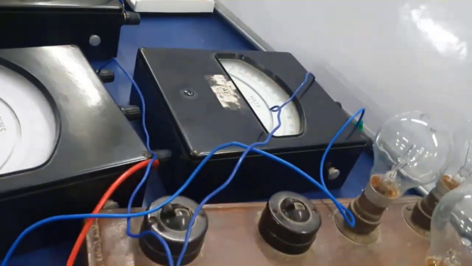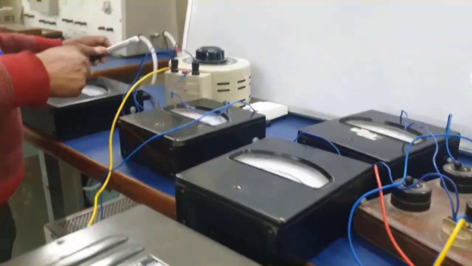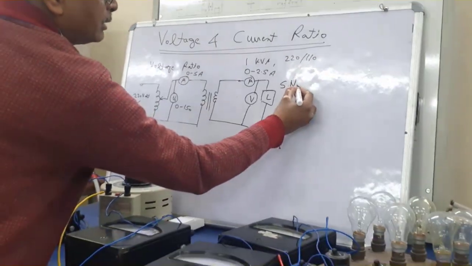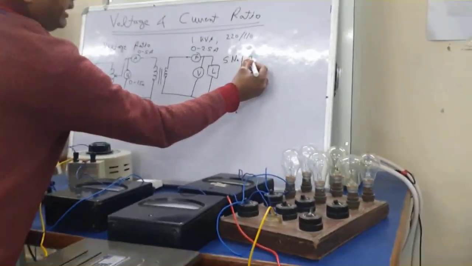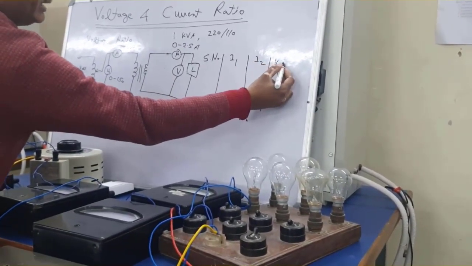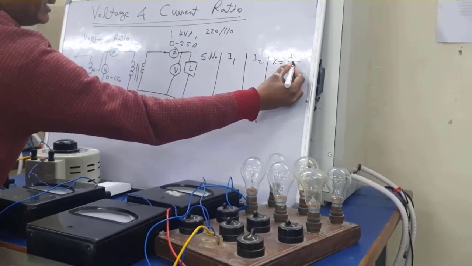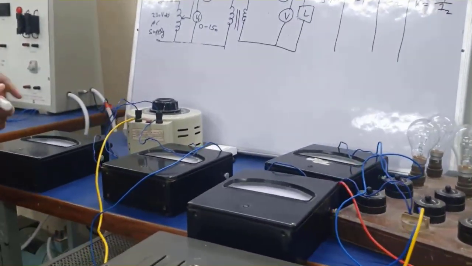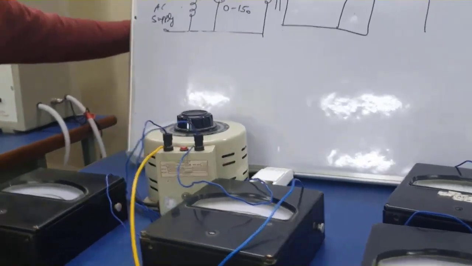So this ammeter indicates the secondary current I2. Take the observation table with serial number, I1 and I2, and K is equal to I1 upon I2. It is just the inverse relation of voltage. So we set the value with the auto transformer.